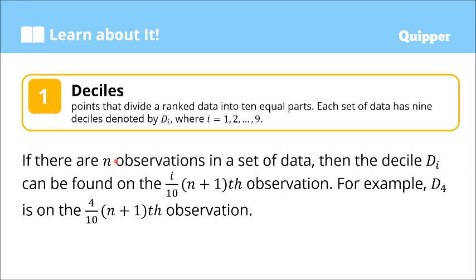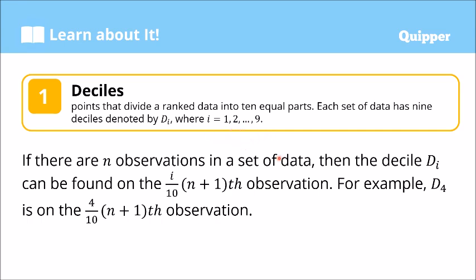So, what exactly are deciles? These are points that divide a ranked data into 10 equal parts. Remember, 10 equal parts. The quartile in the previous lesson divides ranked data into 4 equal parts. This one is 10 equal parts. Each set of data has 9 deciles denoted by D sub i, where i equals 1, 2, up to 9.